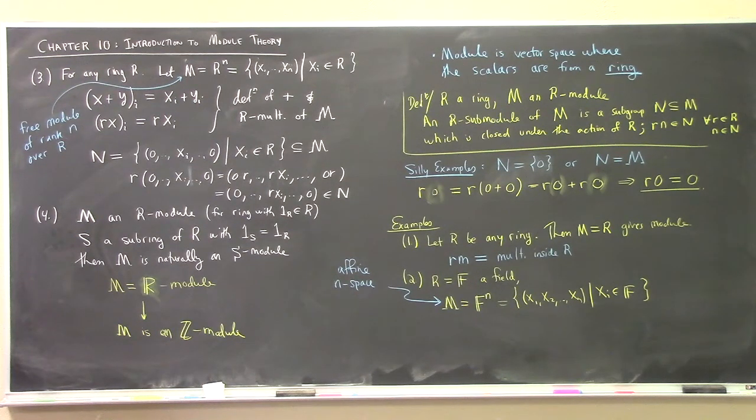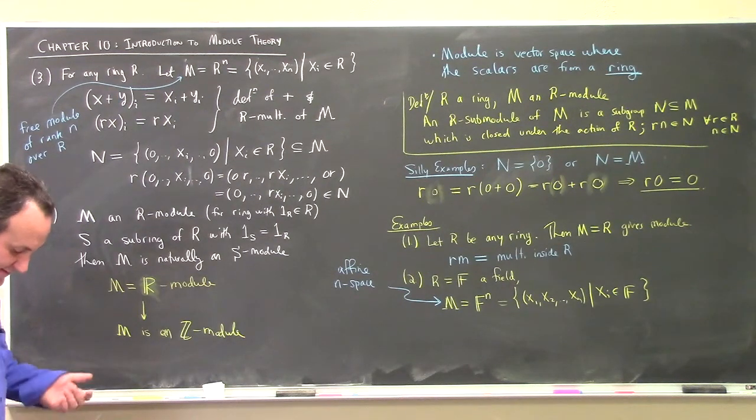And on the flip side of things, if you had a characteristic N ring, then it would be a Z mod N module, because you could build one with one. You could build Z mod N if the characteristic of the ring is N.